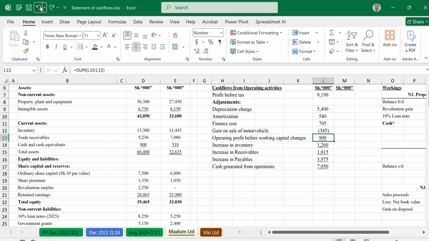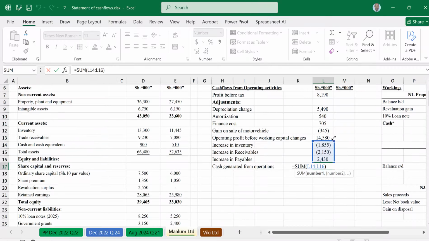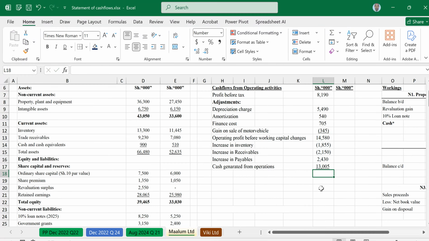Okay, some bit of an error there. We review. Cash generated from operations is supposed to start from operating profit before working capital changes, and you sum all the way down. So that is cash generated from operations.